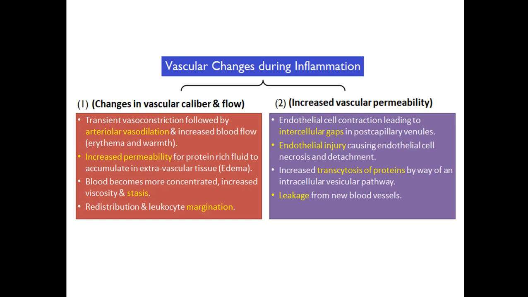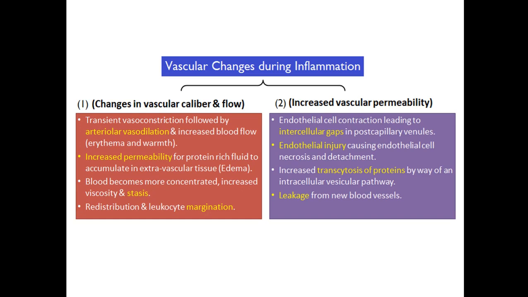But this is a very transient response, and it is followed by the arteriolar vasodilation, and the purpose behind the arteriolar vasodilation is to bring and recruit inflammatory cells and proteins, and this vasodilation is responsible for the two cardinal signs in the form of erythema and warmth.